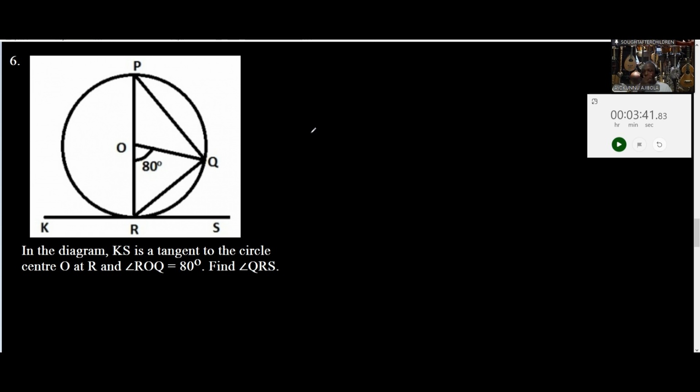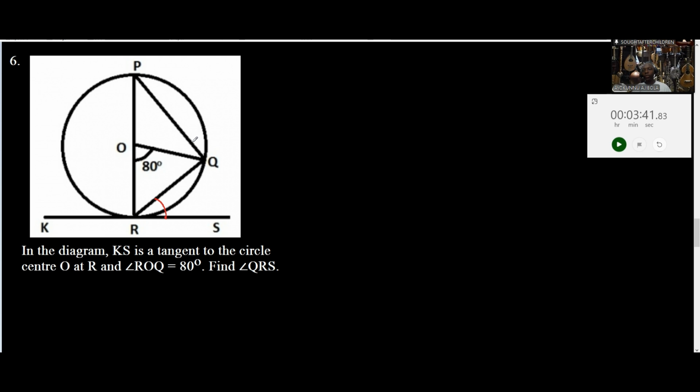Okay. In the diagram, KS is a tangent to the circle at R, with center O. Then angle ROQ is 80 degrees. Find angle QRS. If we are looking for QRS, we are simply looking for this place, and we've been given the other one.